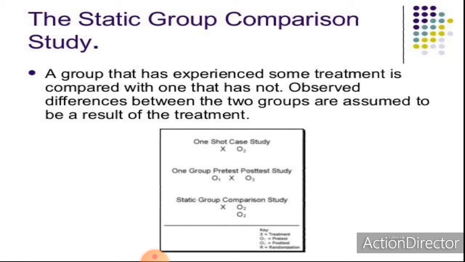After this group gets treatment, all groups are post-tested, which means the researcher selects an experimental group and gives treatment to that group. After the treatment, the researcher conducts a post-test of both the control group and the experimental group and finds out whether there is any deviation of result between the experimental group and the control group.